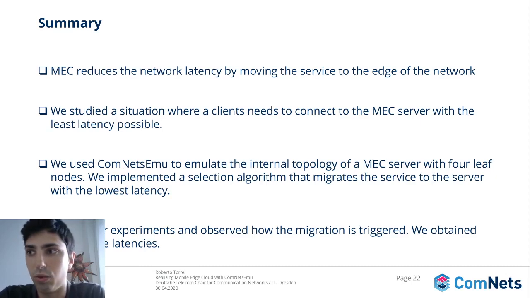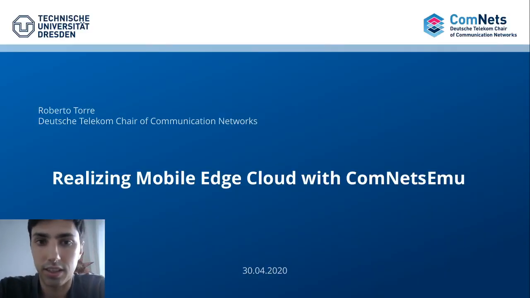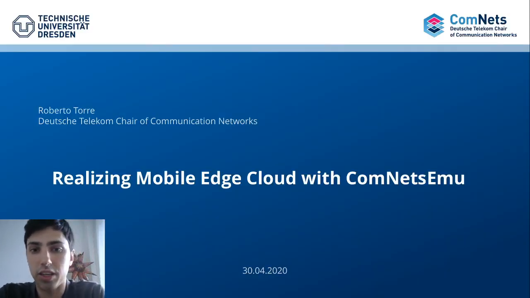To emulate that and also to study it, we used our CompNet emulator. We created the topology of a MEC server with 4 leaf nodes, and we implemented an algorithm that migrates the service to the server with the lowest latency. Then we ran our experiments, and we got these plots with the latencies. And that's it. Good. Thank you so much for listening.